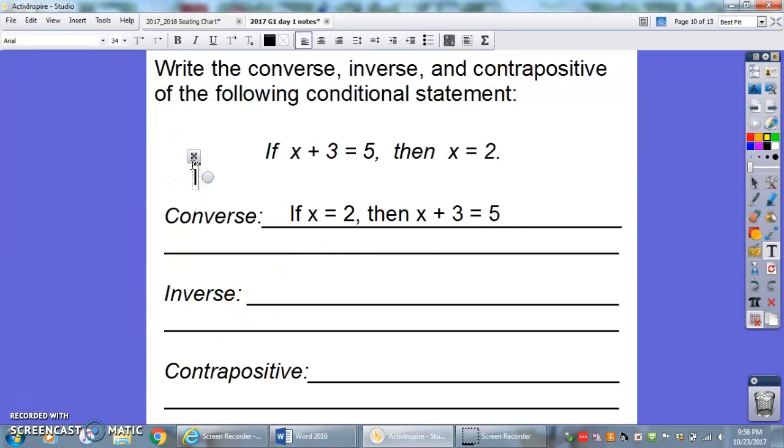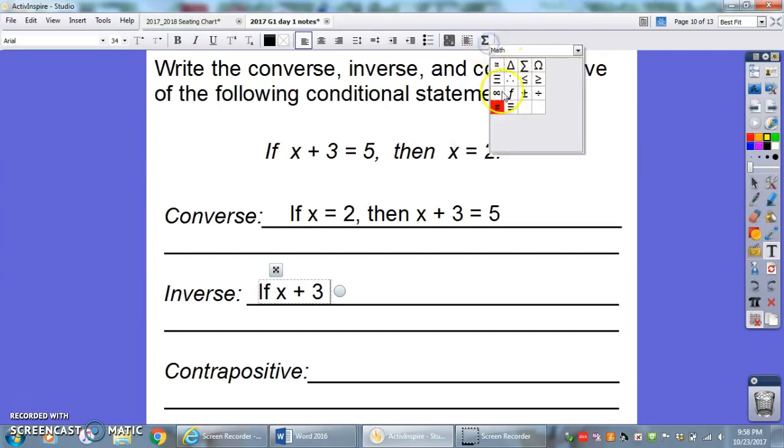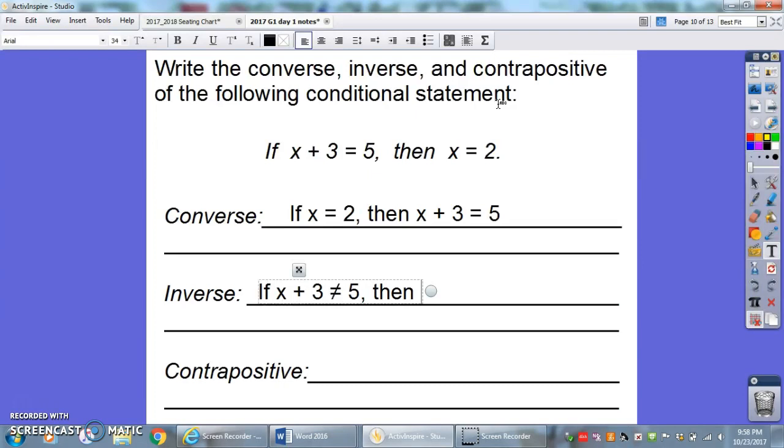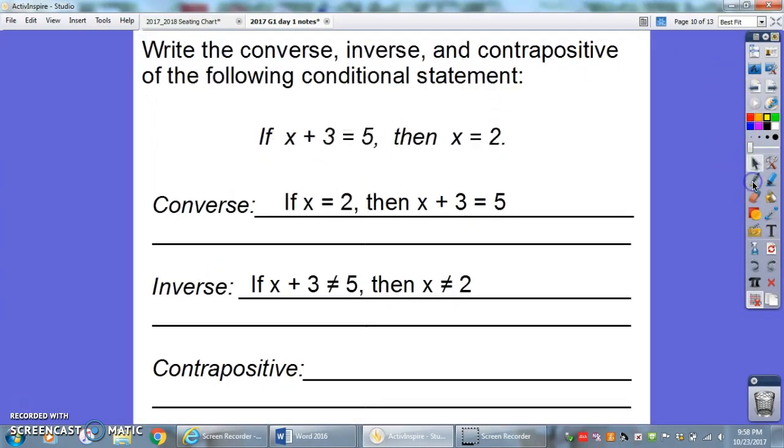So I'm going to start with if. Now, if, so I got to negate x plus 3 equals 5. So I would say x plus 3 does not equal 5. Then I got to say x equals 2, but I'm going to negate it. x does not equal 2. And last but not least, my contrapositive does both of those.